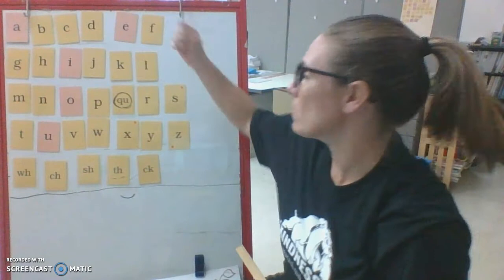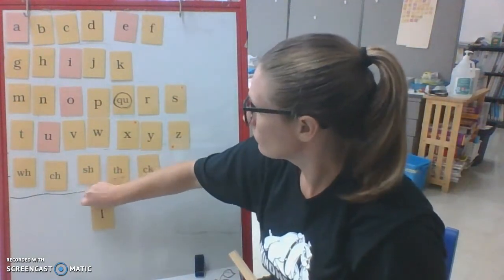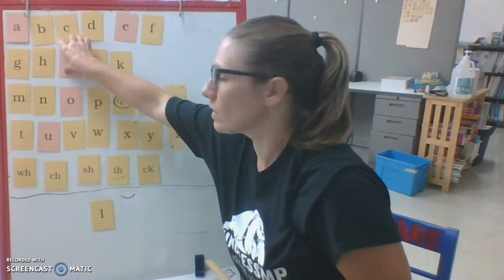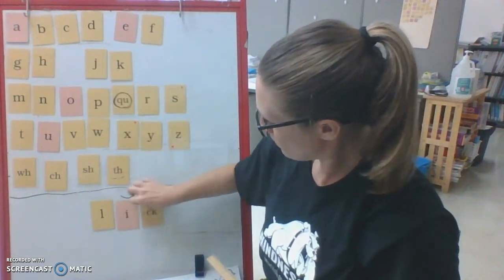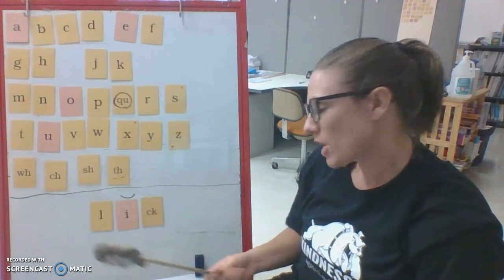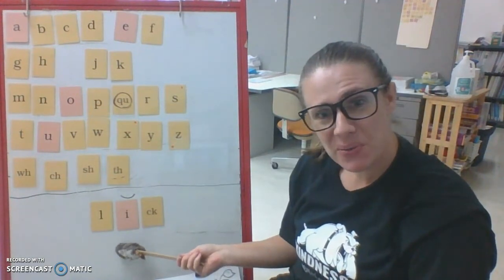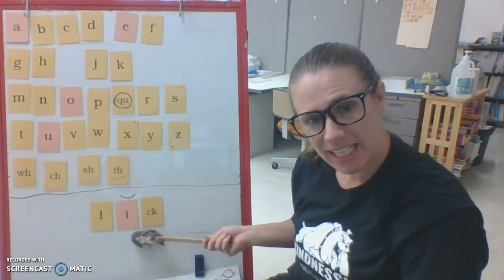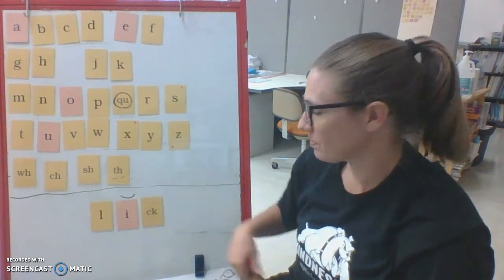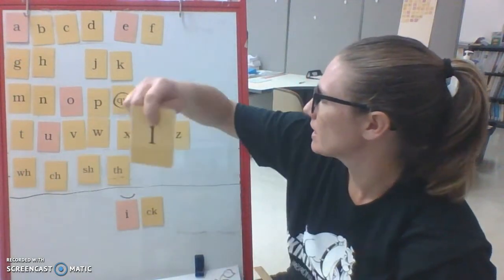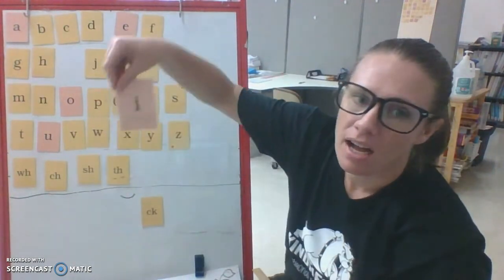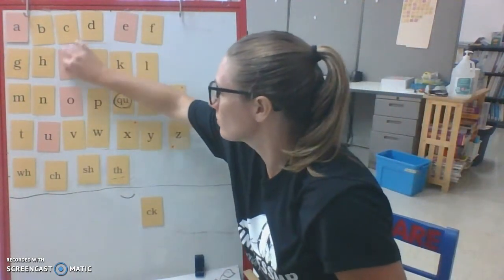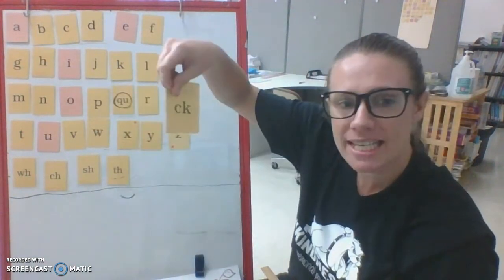Go ahead and build it on your Velcro board. Check yours to mine. How did you do? Lick. Good. Let's spell it away. L, I, C, K.